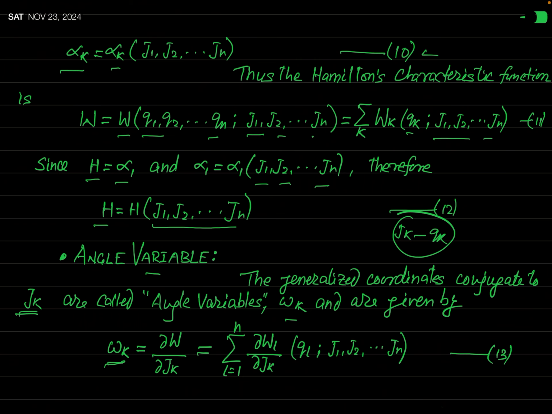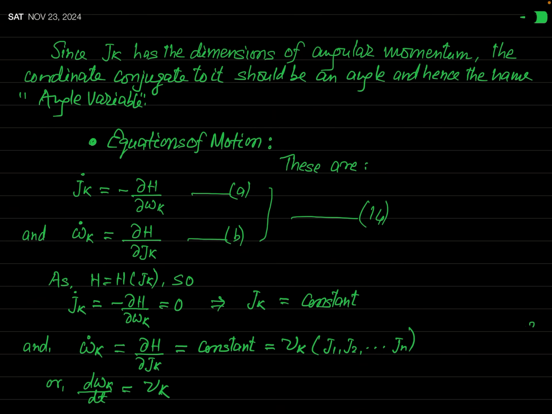Or you may write this expression as summation over L, where L runs from 1 to n, of del W_L(q_L, J1, J2, ... Jn) by del Jk. Now, since Jk has the dimension of angular momentum, the coordinate conjugate to it must have the dimensions of angle.